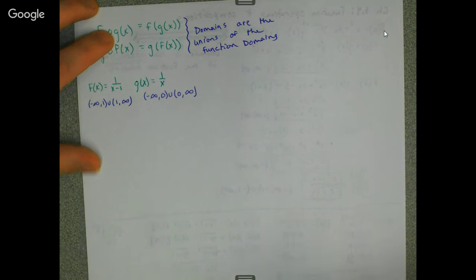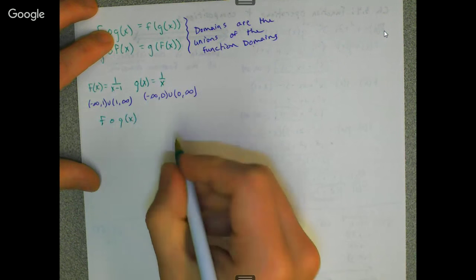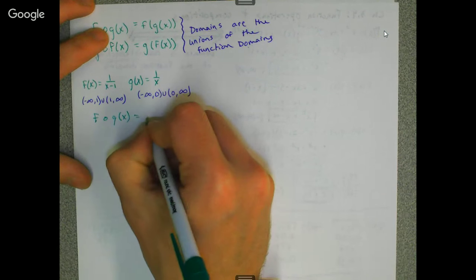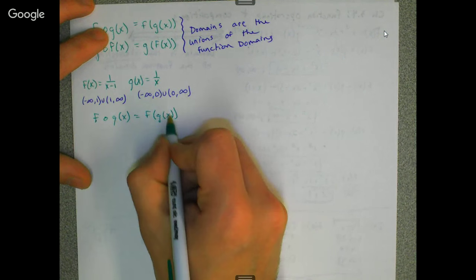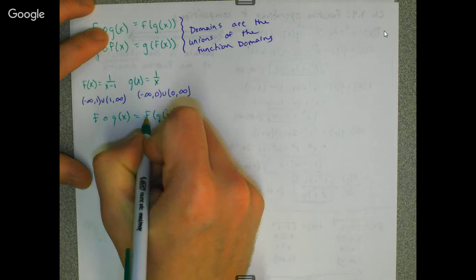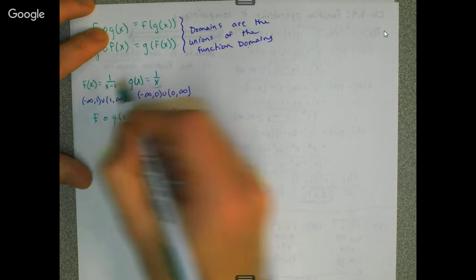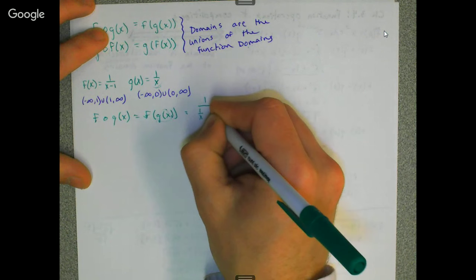And if I want to look at what is f of g of x, in this case I'm going to take the g of x function, which is this, and plug it into the f. So I have 1 over x minus 1.